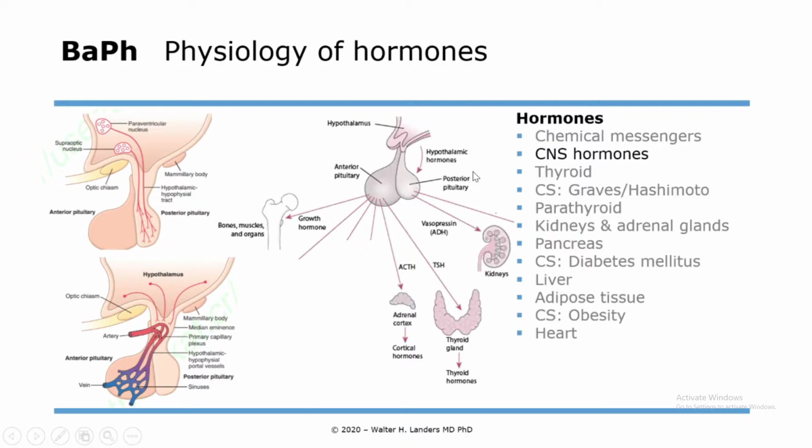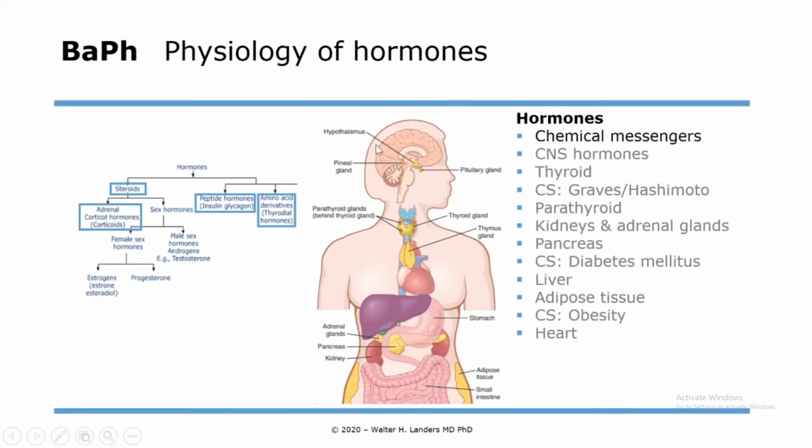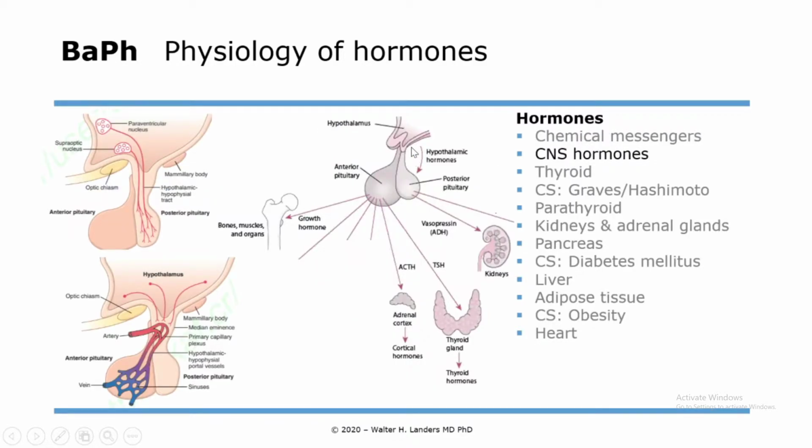So these are the hormones related to the central nervous system, and they do not come from the thyroid; they come from the thalamus. So over here, you see the hypothalamus. Over here you see the thalamus, and that's where something called prehormones often come from. And these hormones are not important to know for now.